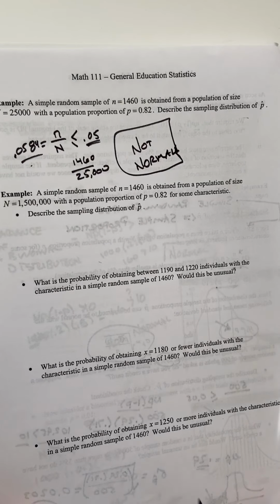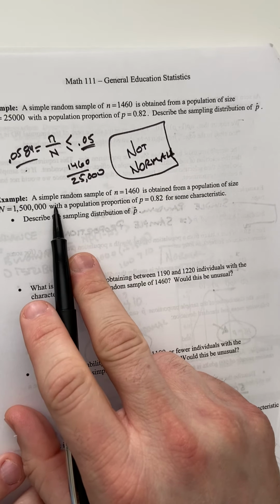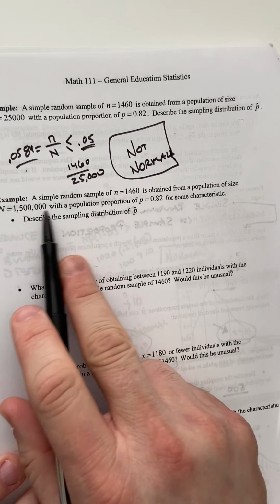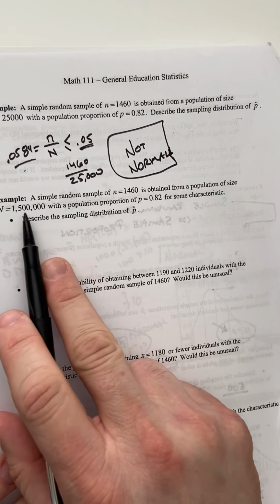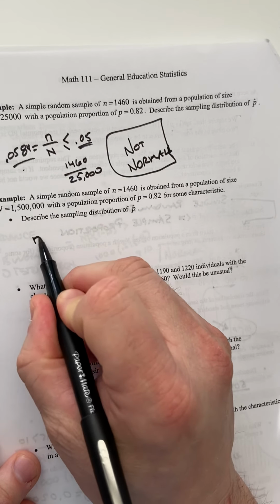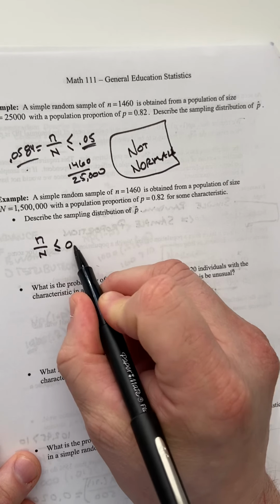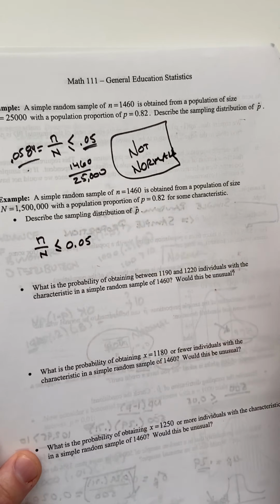Next, a simple, we don't even have to go further. It failed the first of the two criteria, so we stopped. Next, this time we're choosing from 1.5 million. Same scenario, so cross your fingers. If this is not less than or equal to 0.05, we get to stop.